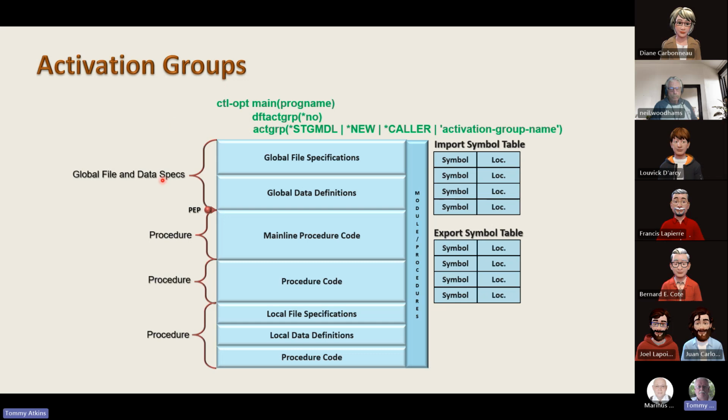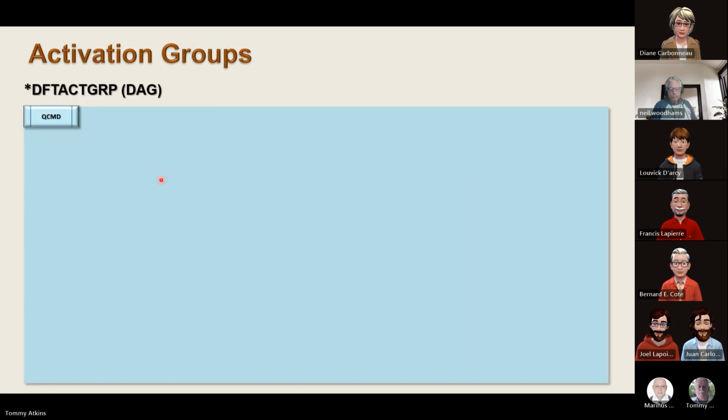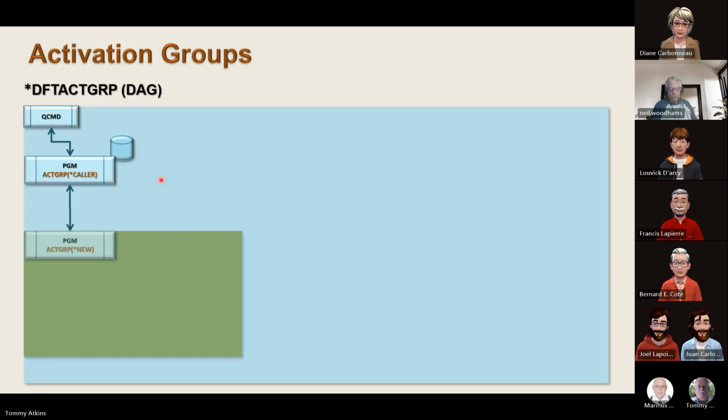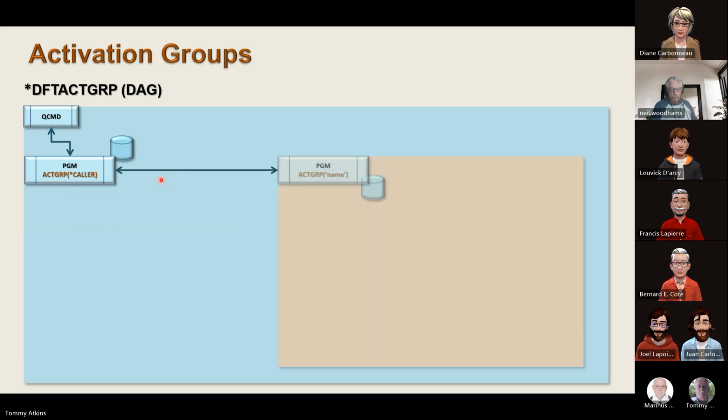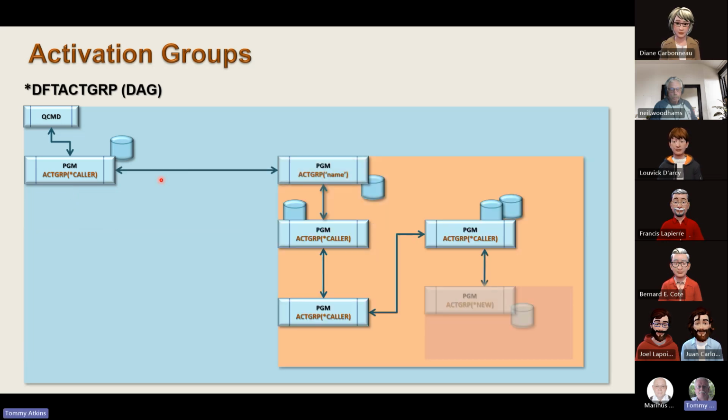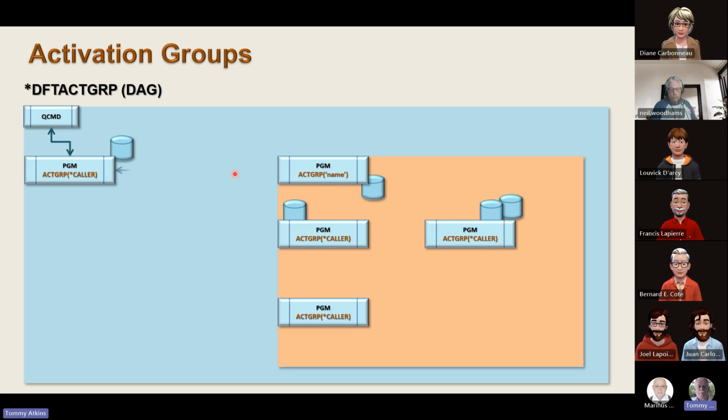And that is what happens when you return. When you return from this activation group back to that one, this activation group remains open. All the resources are there and everything is still active.